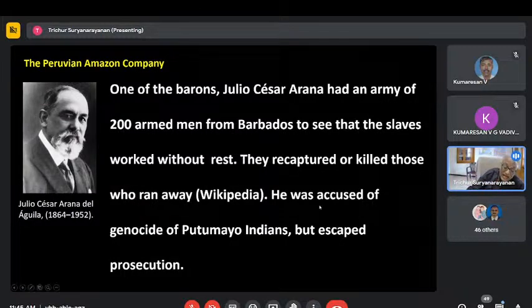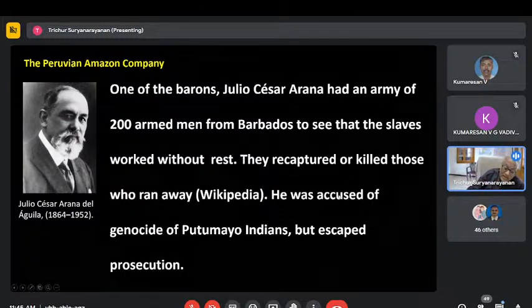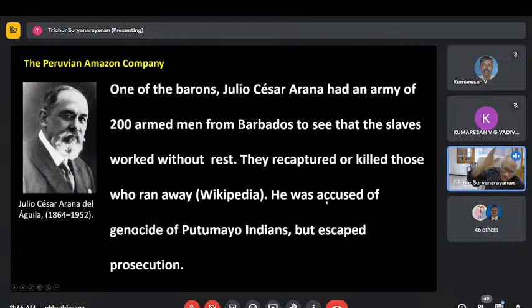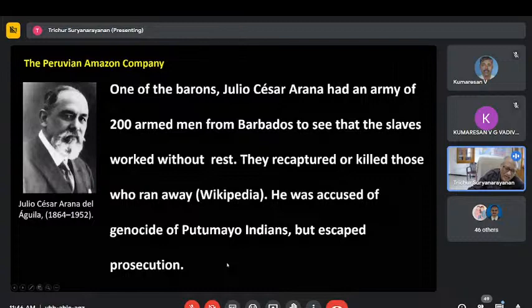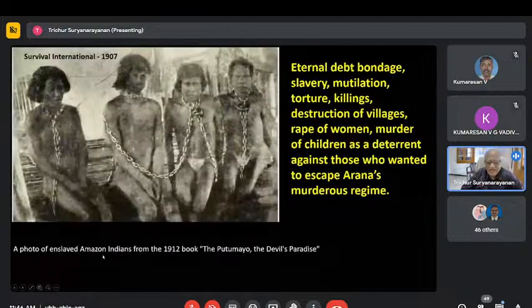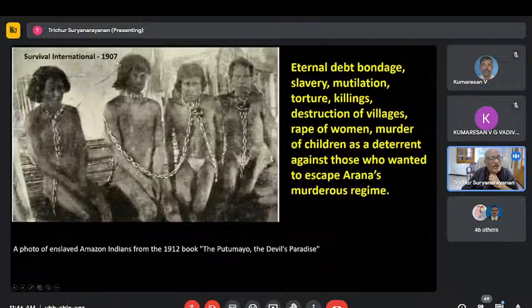Later, the Putumayo people filed a case. This is much later. They accused Arana of genocide, but he escaped prosecution. We will see how that happened. So here is another photo from Survival International, 1907.